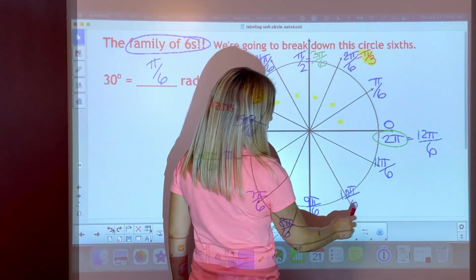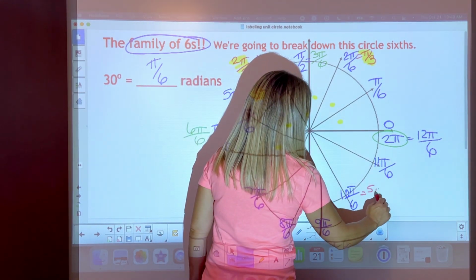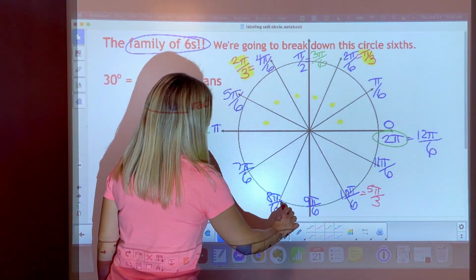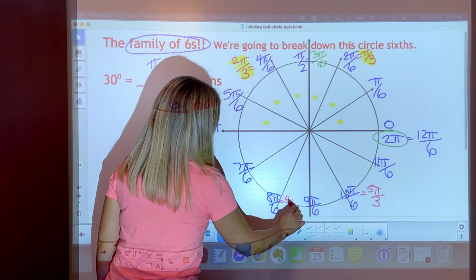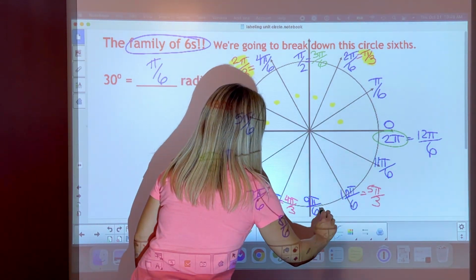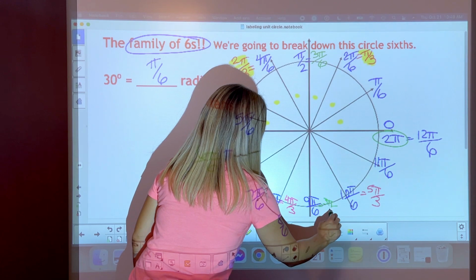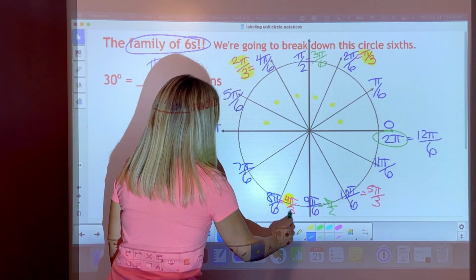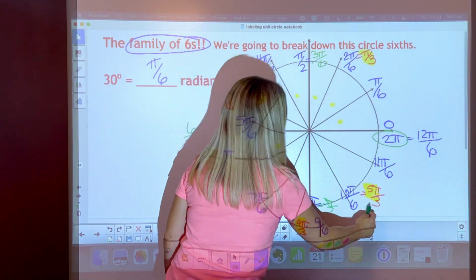Your 10 pi over 6 will reduce down to 5 pi over 3. Your 8 pi over 6 will reduce down to 4 pi over 3. And our 9 pi over 6 will reduce down to 3 pi over 2. So we have these in our pi over 3 family.